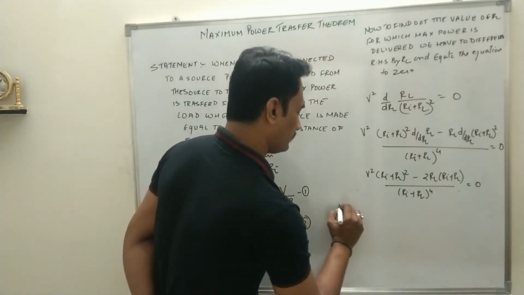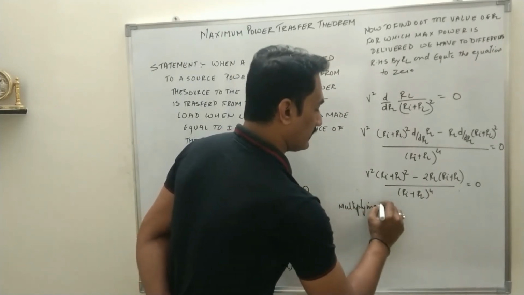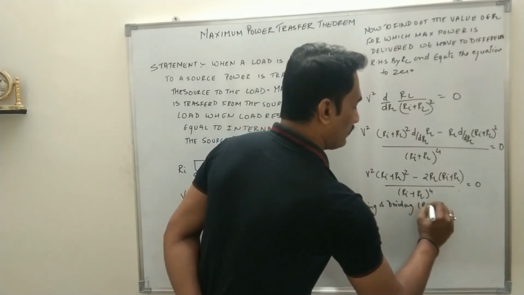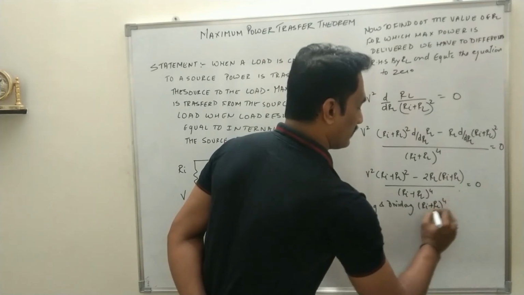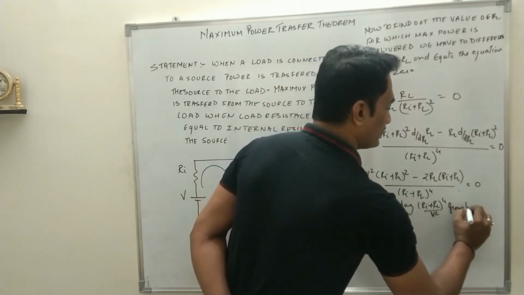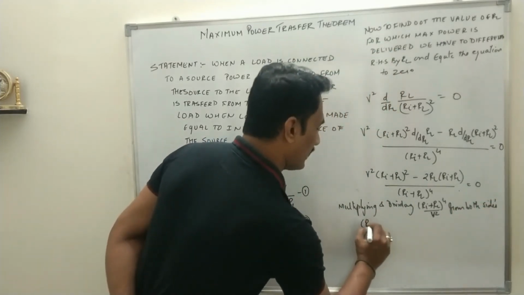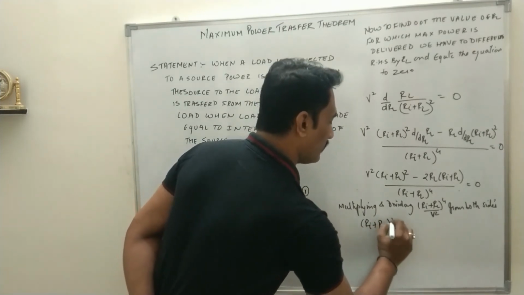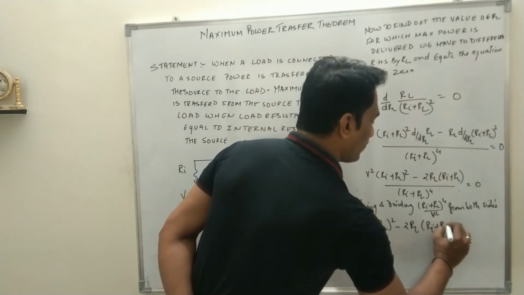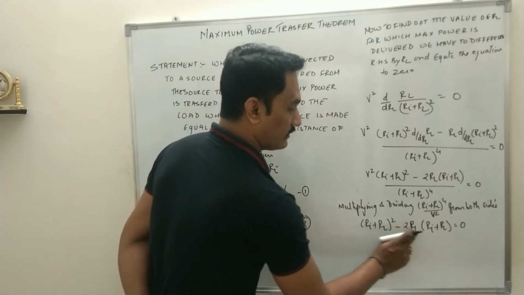Now multiplying and dividing (Ri plus RL) raised to power 4 upon V square from both sides. So what we get is (Ri plus RL) whole square minus 2RL into (Ri plus RL) equals to 0. So here this is (Ri plus RL) square, this is (Ri plus RL).